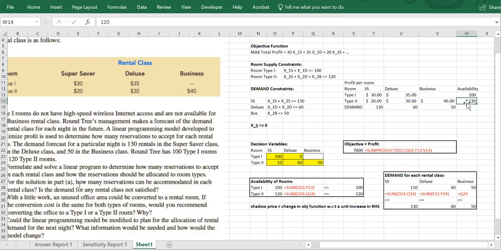From tonight until tomorrow night, the availability of rooms probably is not going to change, right? You're not going to convert another room overnight, so you're not going to see a major change in the availability, but the demand might be subject to major changes from one night to another, right?